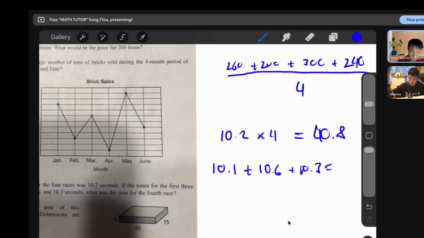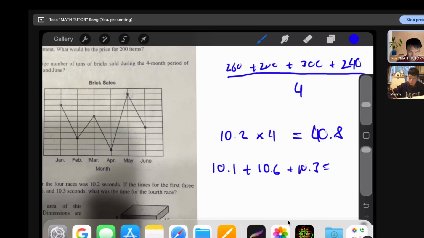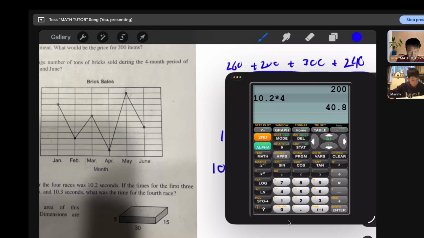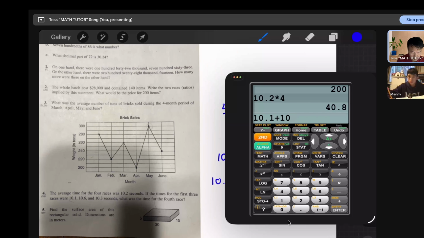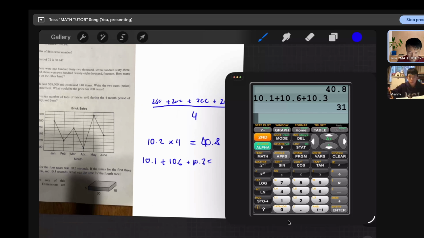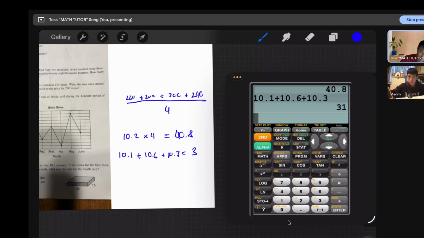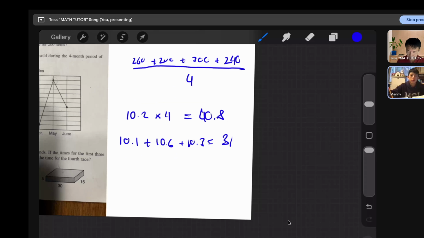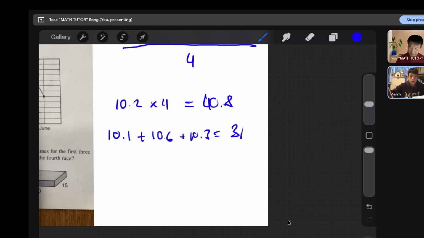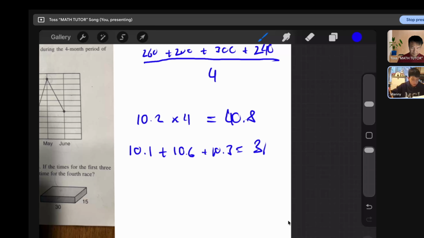Okay, so we got 31. What do we do with that? Do you multiply them? No.